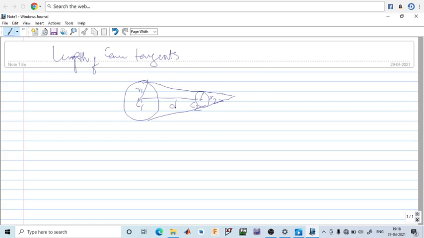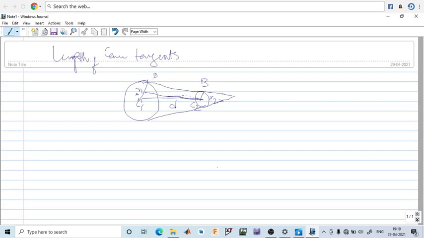If I draw a parallel line from C2, then this part will be the rectangular part, A, C2, B and D. This is the rectangle, we can say.